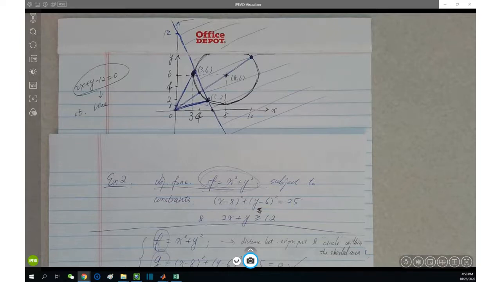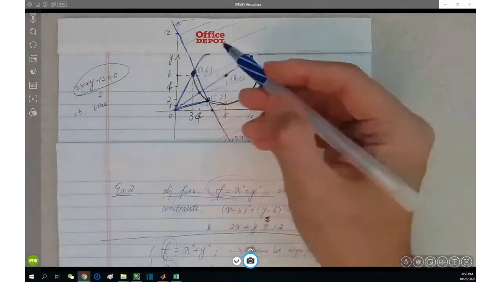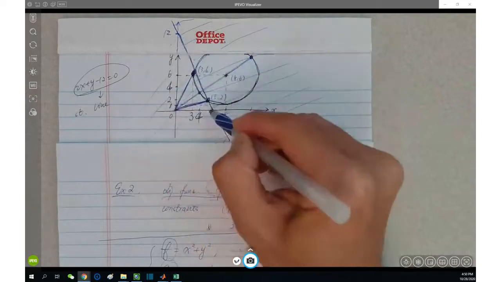Shaded downward. Say that again. You would shade the graph the other way. Good. Okay, that is right. I'm going to shade this way. So tell me, what is the answer?